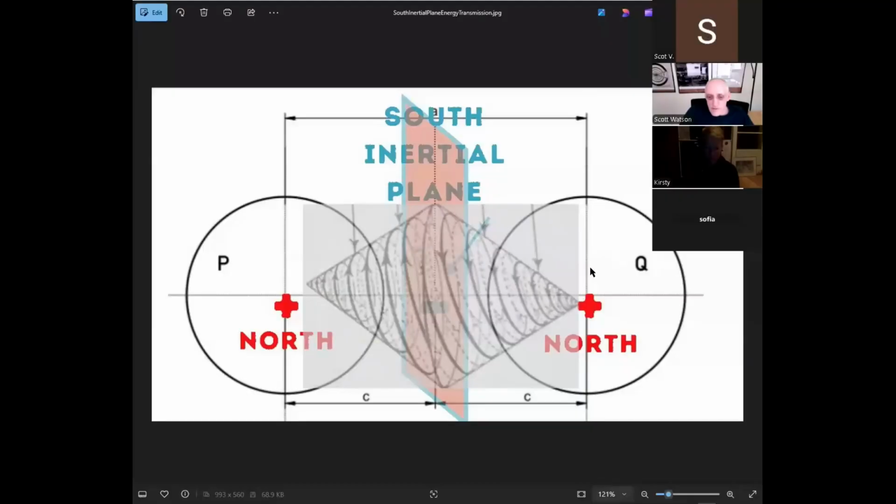The Earth is high potential, the sun is high potential, and in the middle, the space in between is low potential. But as it's traveling from that low potential to that high potential, there's a gradient of pressure and potential that compresses the light.